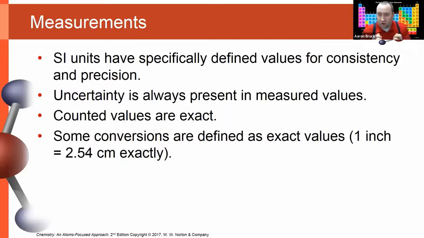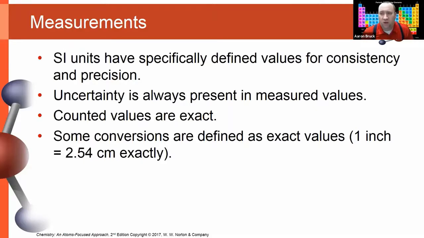There are specific values that are defined for those, and those are all evaluated in terms of giving us a consistent value so that we're all talking about the same thing, and they're usually known with some level of precision.